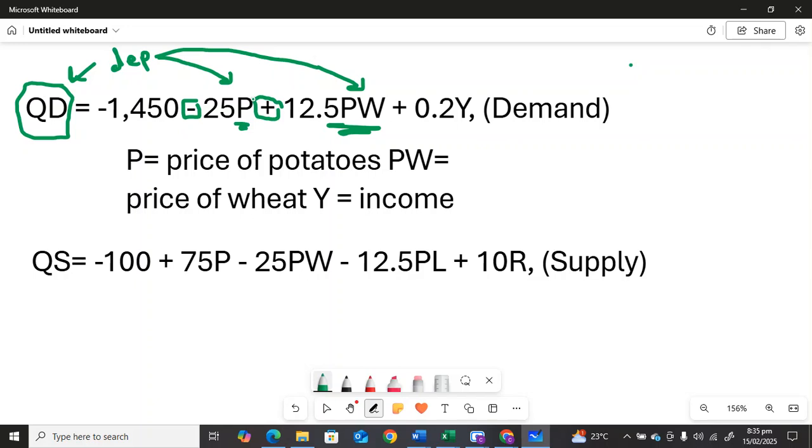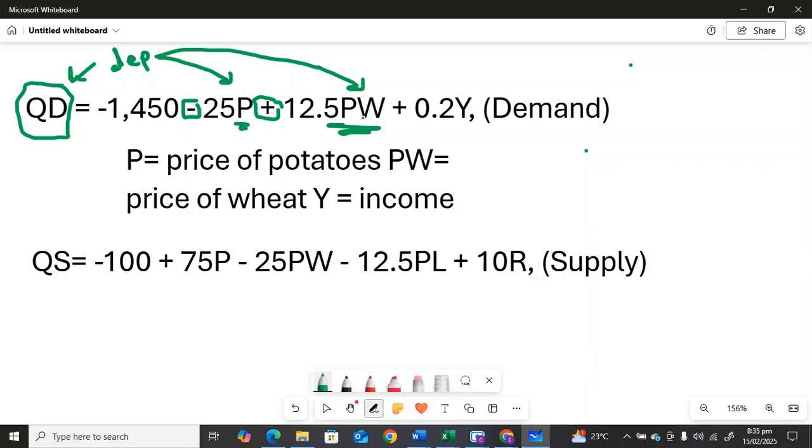Because we're doing managerial economics, a lot of principles from microeconomics are going to come in. So wheat here in this case is a substitute good. If the price of wheat goes down, the quantity demanded for potatoes is going to go down, because since the price of wheat is cheaper, people are going to buy more wheat.